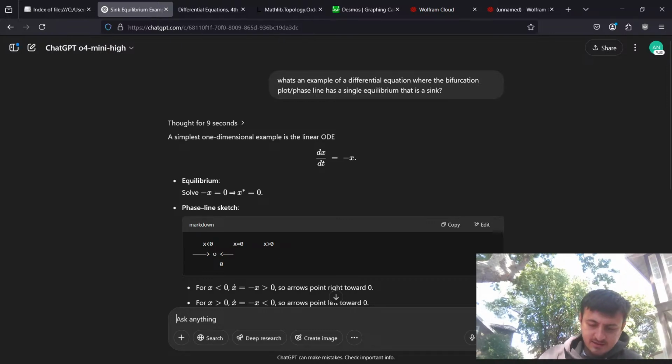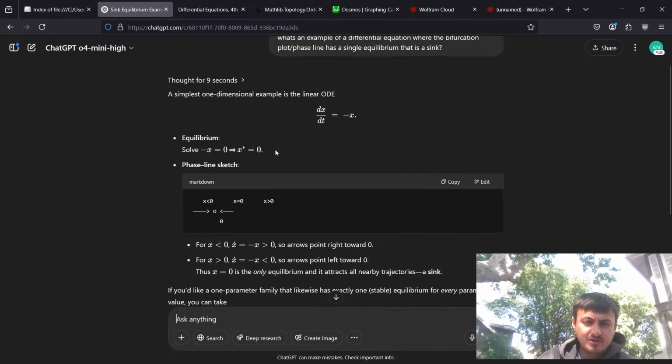Minus x. Let me think about that. So that means f prime, so let's say x dot equals minus x. Then f prime... Wait, but that has no parameter in it, right?